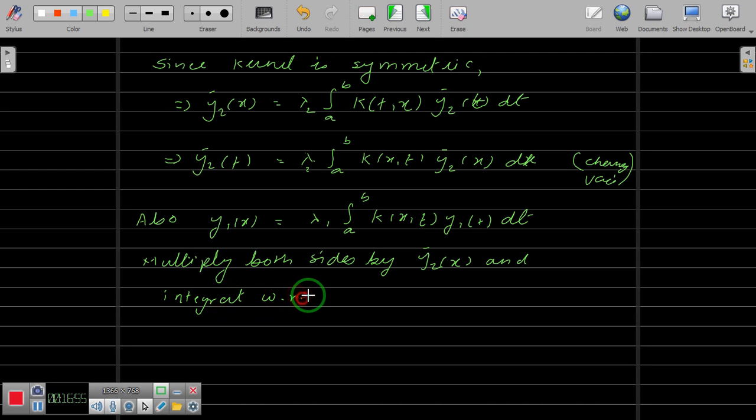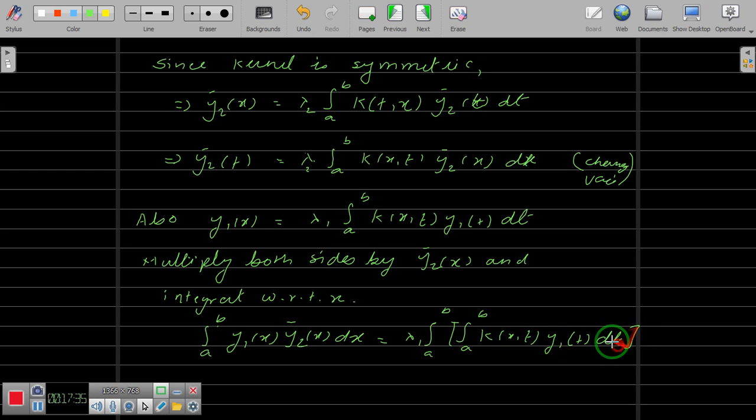by y2 bar of x and integrate with respect to x. You first multiply by y2 bar of x and then integrate, so integral a to b y1 of x y2 bar of x dx will be equal to lambda 1 times this integral a to b k(x, t) y1(t) dt, and then you multiply this by y2 bar of x dx.